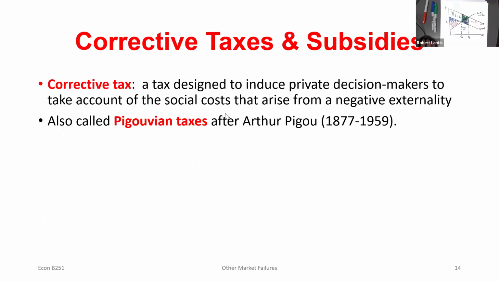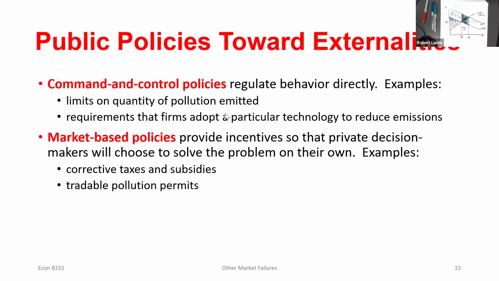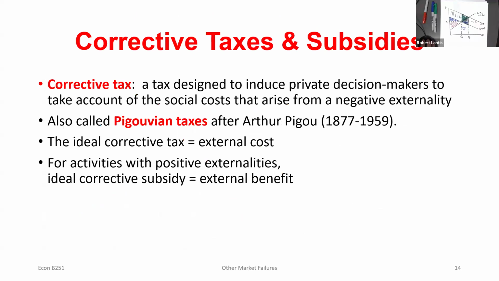Okay. So I alluded to this in a previous slide, but we've got positive and negative externalities. How can we force markets out to that socially efficient quantity? Okay. Well, in an ideal world, we would use taxes for negative externalities.